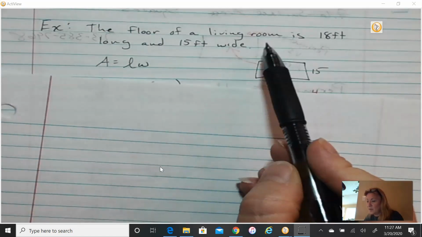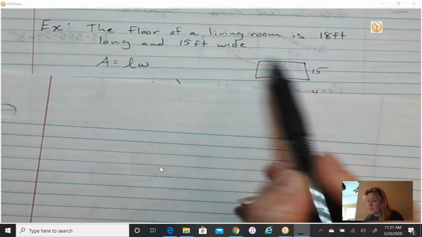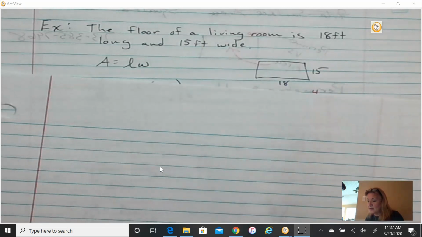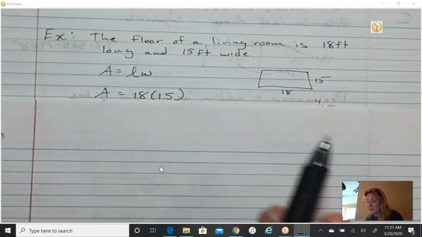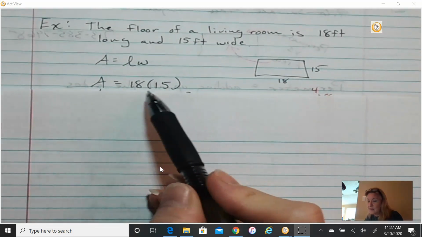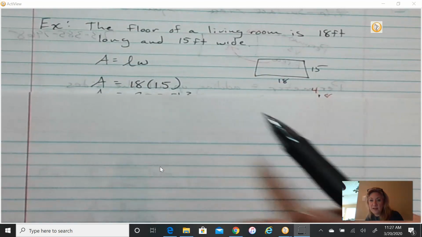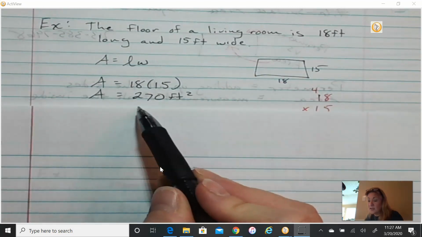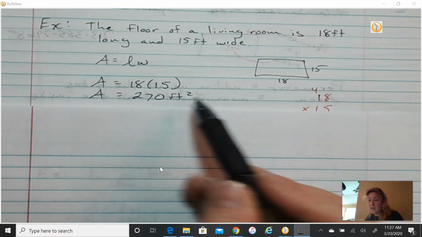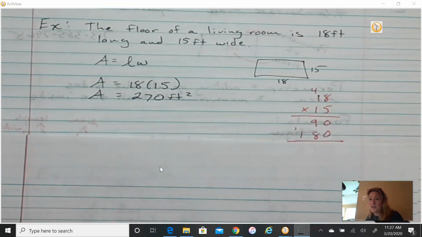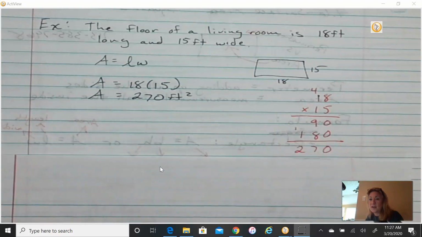Okay, so it's 18 feet long, 15 feet wide. And all we're doing is multiplying 18 times 15. You end up getting the area is 270 feet. And don't forget squared.